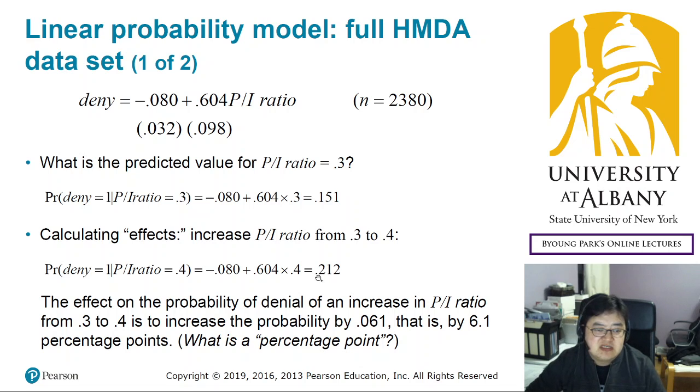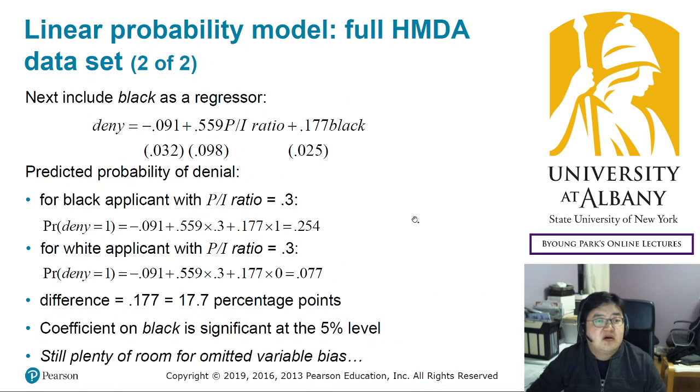That increases the potential chance of your default, your bankruptcy. So the probability of denial increases by about 6 percentage points, right? 6 percentage points have been added when the PI ratio changes from 0.3 to 0.4. So that is the interpretation of this result. This is how we interpret that.